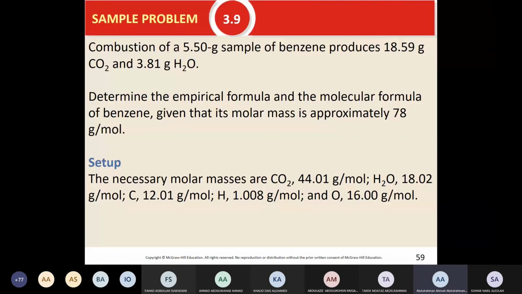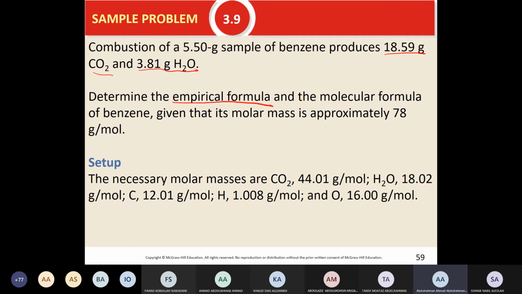Okay, let's do this question. Combustion of a 5.5 gram sample of benzene produced 18.54 gram CO2 and 3.81 gram H2O. I want to know the empirical formula.